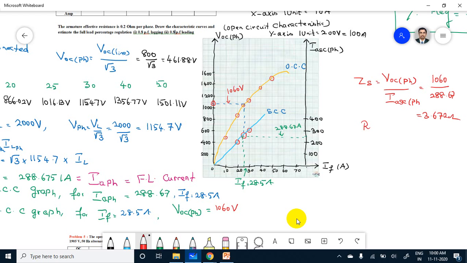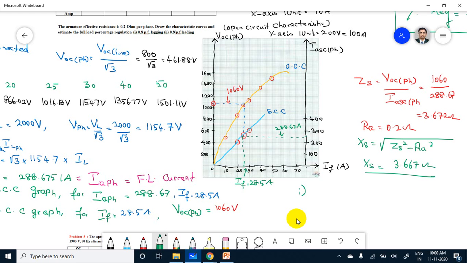As per your given data, the RA value is already available, 0.2 ohms. Now we can calculate XS. XS is equal to the square root of ZS square minus RA square. Substituting these, you will get XS as 3.667 ohms.